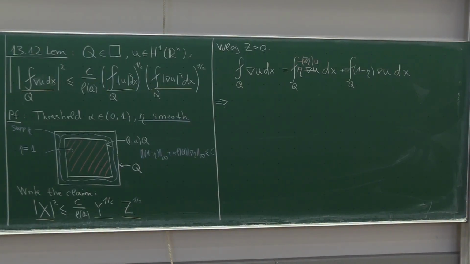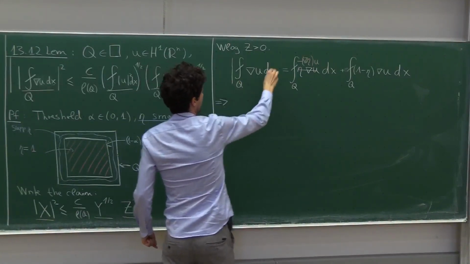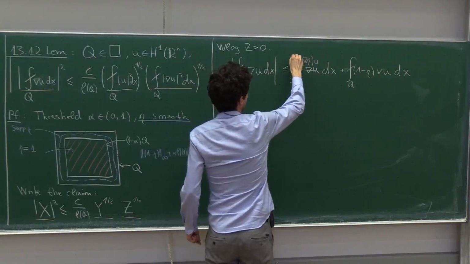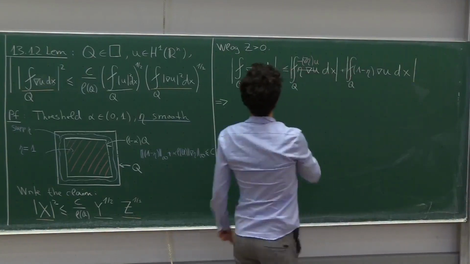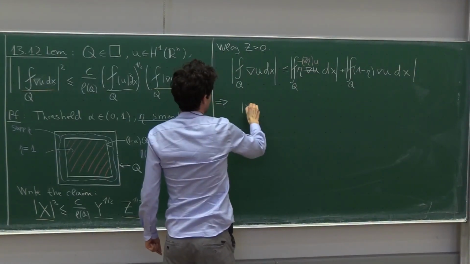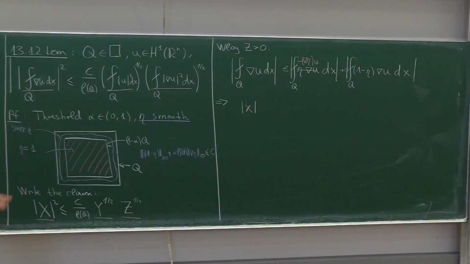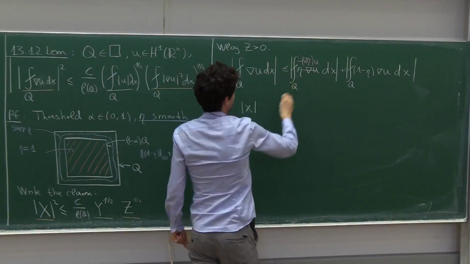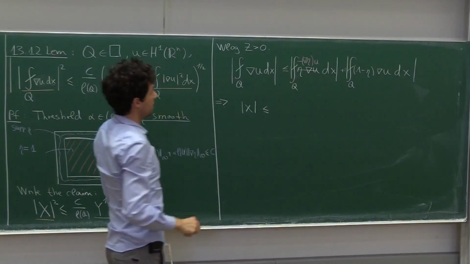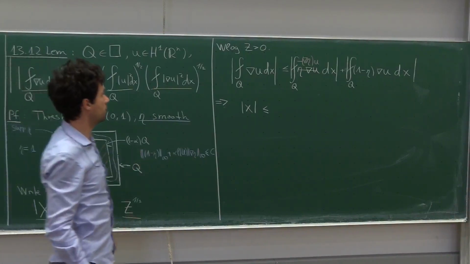Okay, so now I take absolute values over here. Then on the left-hand side, I'm going to get the norm of the average, and then here I'm just putting the norms inside, and I'm using the uniform bounds. Okay, so let's see what that gives us.